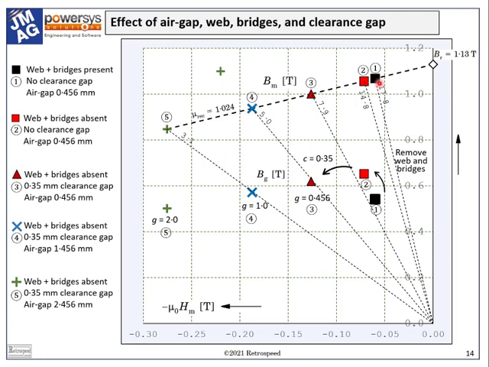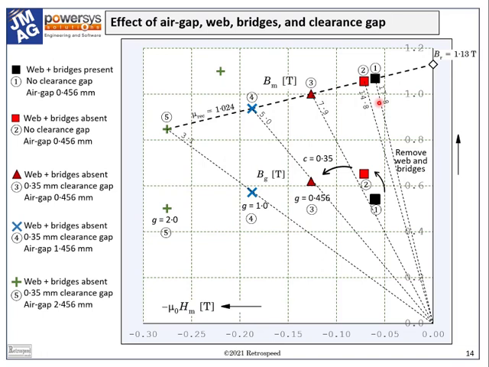And that gives me the highest possible operating point in terms of the actual flux density of the magnet, shown by this black square marker at 1.0685 Tesla. The numbers on the dashed lines are the so-called permeance coefficient. And in this first condition, case 1, the permeance coefficient is 17.8, very high.